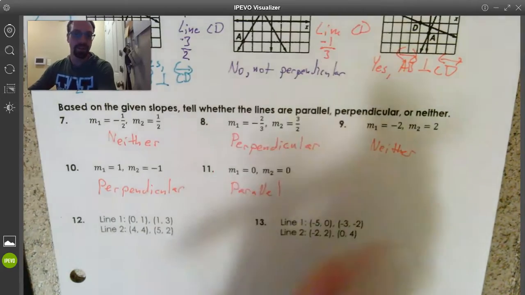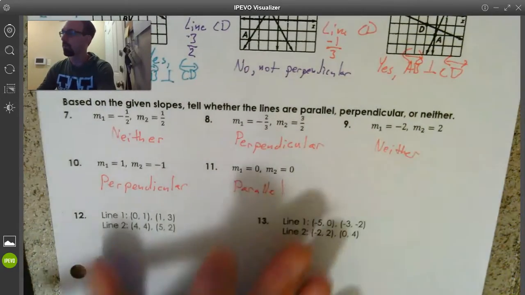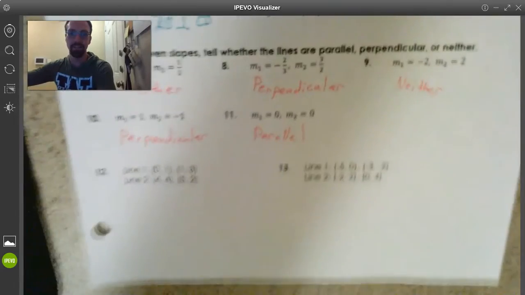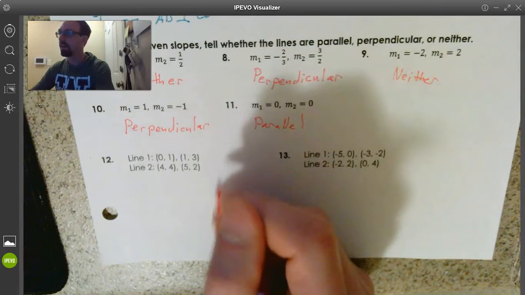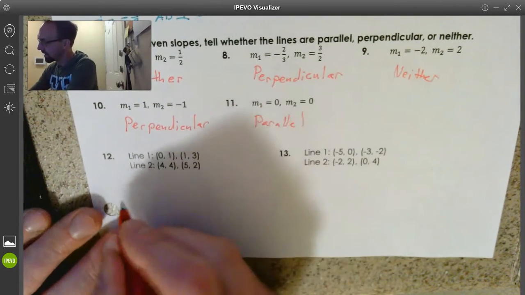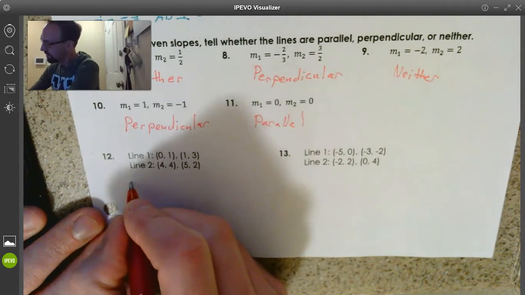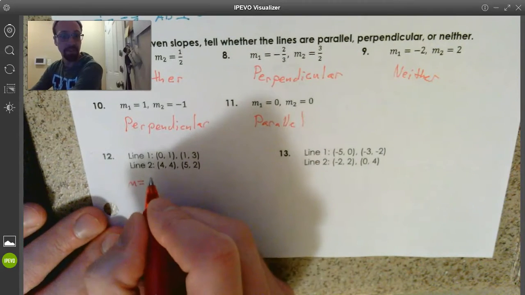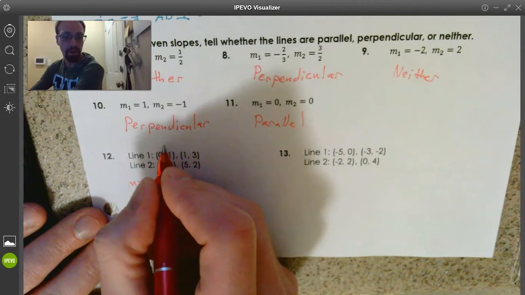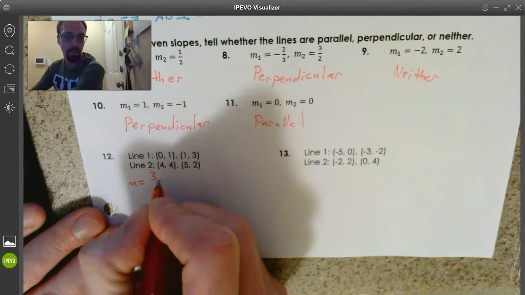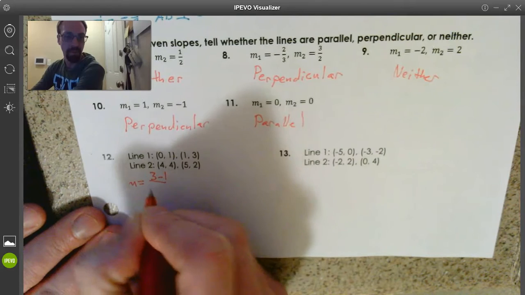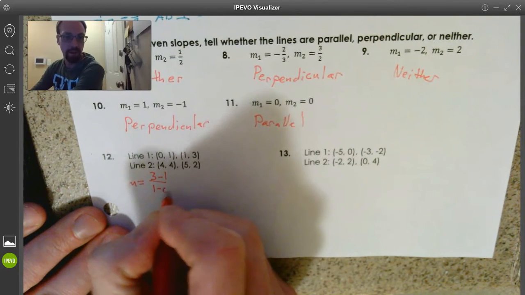So for the next two, we actually have to do a little bit of work to find the values of these particular slopes. So for here, I'm going to do my slope formula. We'll call this our first point, and then this will be our second point. So we're going to do y2 minus y1 over x2 minus x1.